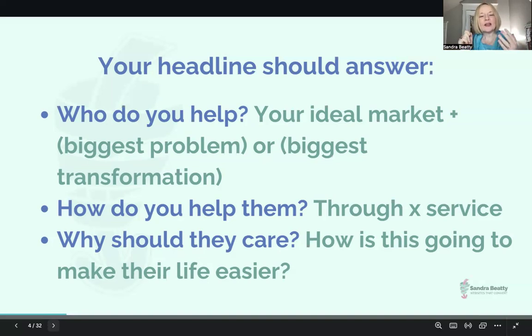They're also asking in their mind, how are you going to help them? What service do you offer? Is it dental services, yoga, business coaching? And the third question your homepage headline should answer is, why should they care? People are thinking, what's in it for me? So let's let them know what's in it for them.